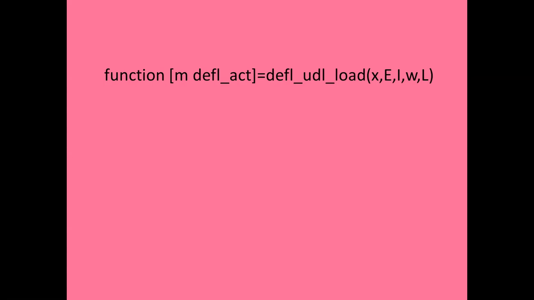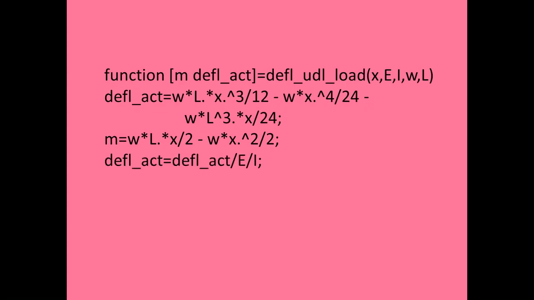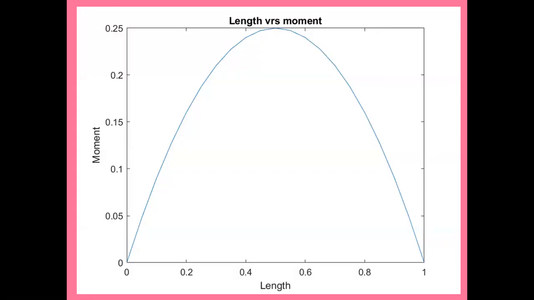The previous function was for a point load, but this particular routine has been developed to give you the value of bending moment and the actual deflection for a uniformly distributed load. This is the corresponding length versus moment diagram.